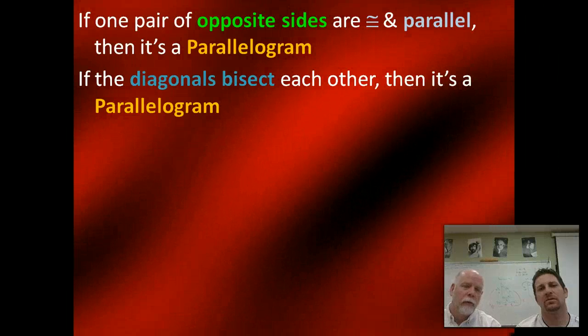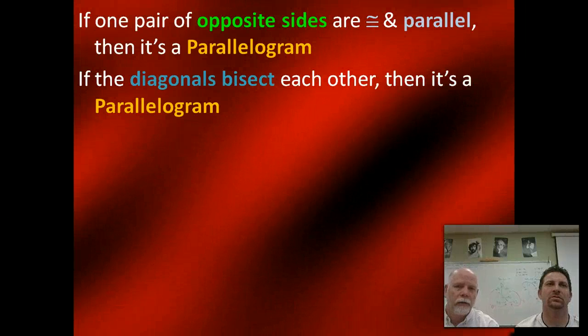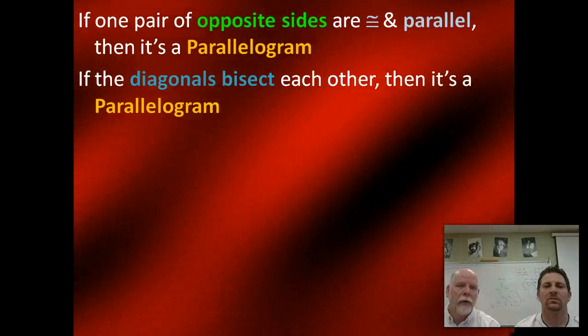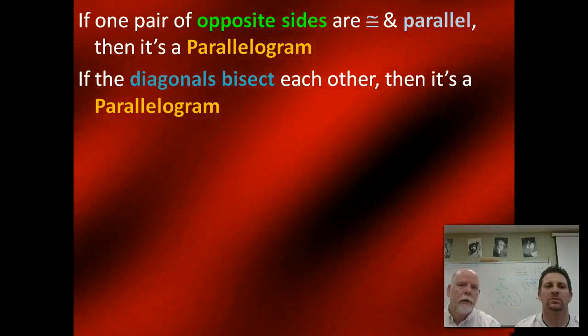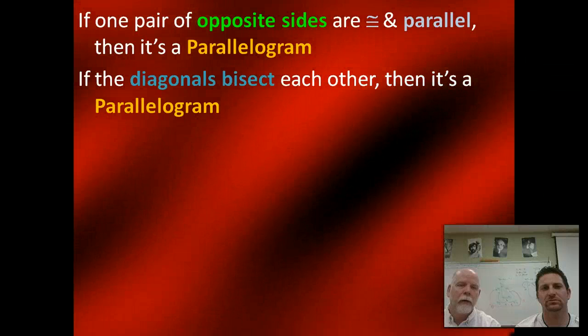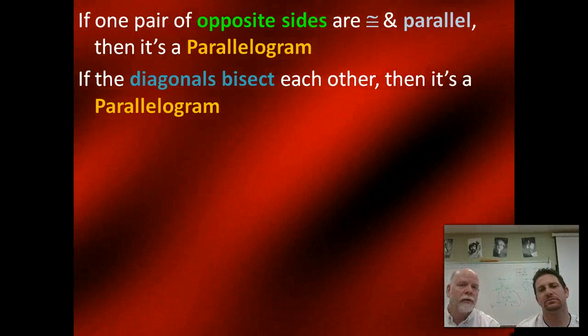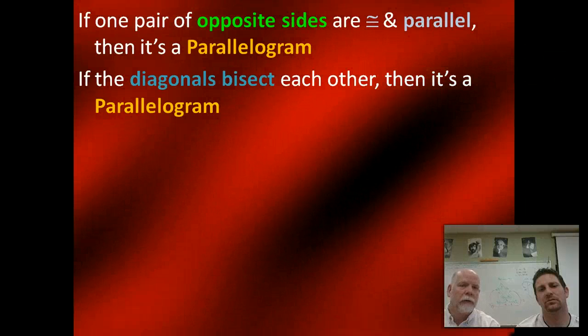As long as one pair of opposite sides are congruent, the same length, and parallel to each other, that forces the shape to be a parallelogram. And I believe this is our last theorem for this section. If the diagonals bisect each other in a quadrilateral, then it has to be a parallelogram. We're going to use that one a lot later. If the diagonals do bisect each other, that forces the quadrilateral to be a parallelogram specifically.